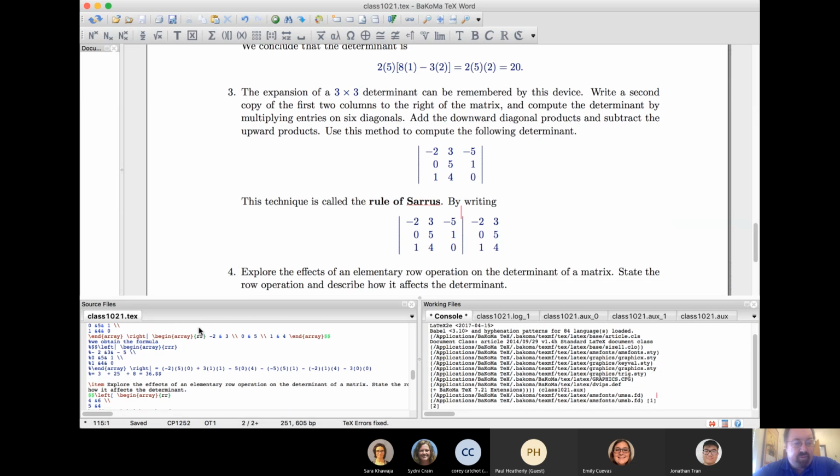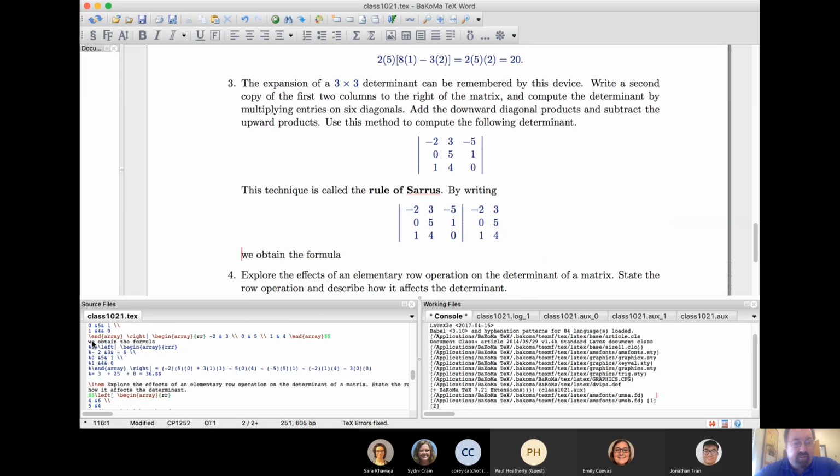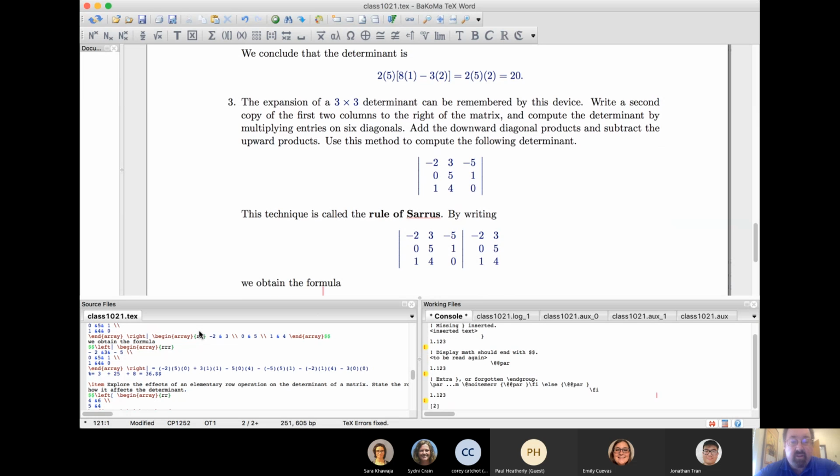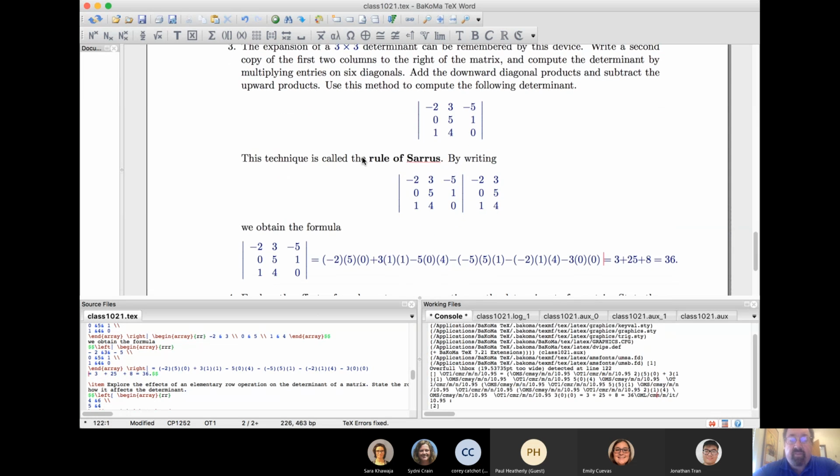So then what you do to get the determinant, with these columns written off to the side, is starting from here, where the 1, 1 entry, you write down all of the entries in the diagonal starting from here.